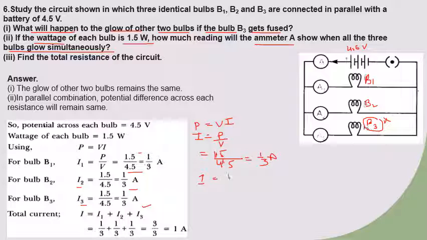So we'll just add all the currents: 1 upon 3 plus 1 upon 3 plus 1 upon 3. The LCM is 3, and 1 plus 1 plus 1 is 3 upon 3, that is 1 ampere. So the total current flowing through the circuit is 1 ampere.